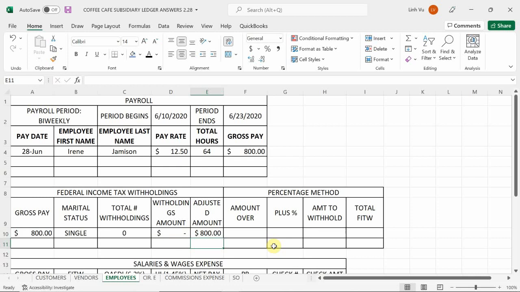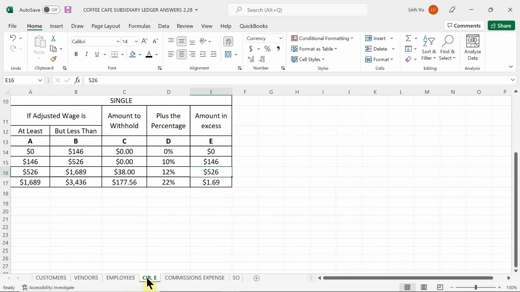So now this is where we figured out what her gross pay was. We figured out her adjusted amount after calculating any extra income minus any extra withholdings. In this case, $800 is her adjusted amount that is subject to be taxable. So let's see what percentage she's going to be taxed at by looking at the Circular E table.